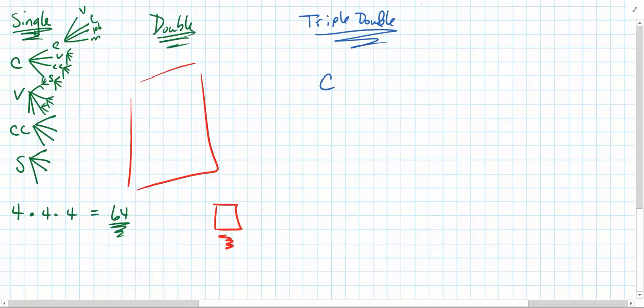Now with a triple double, this is the one that has 3 cookie parts and there were 2 fillings. Now for the first cookie, we could use chocolate, vanilla, chocolate chip, or strawberry. And from each of those cookies, we can have the 4 different fillings.